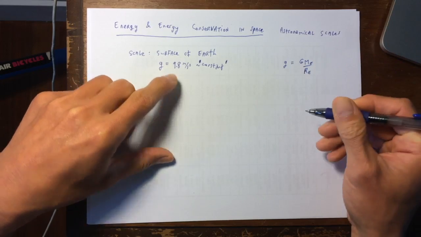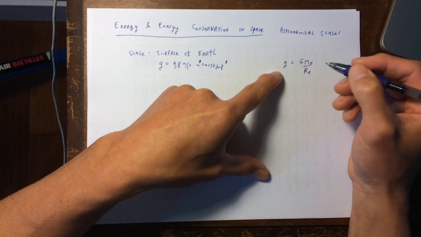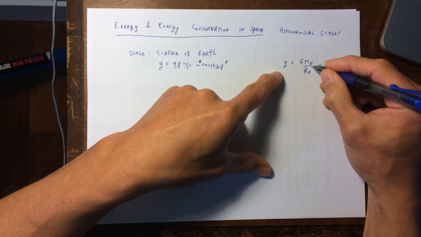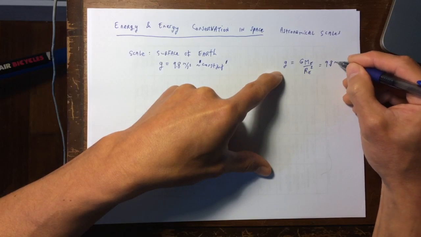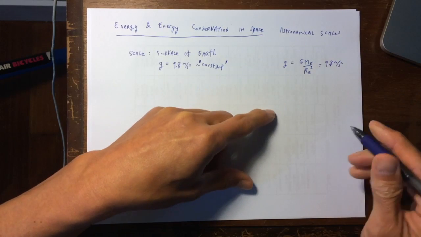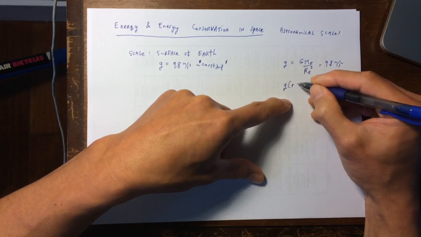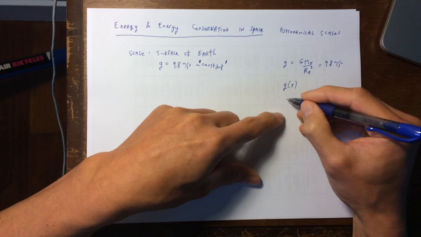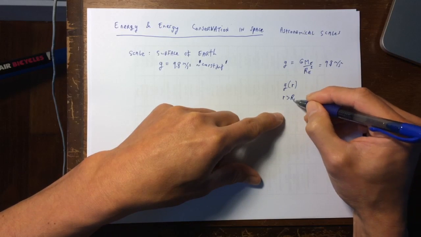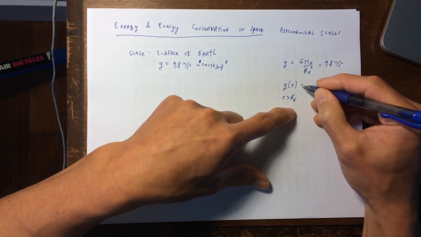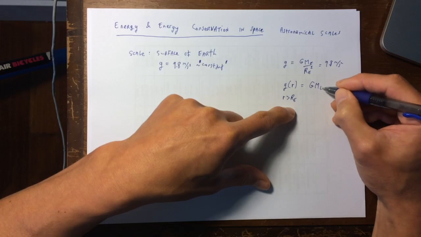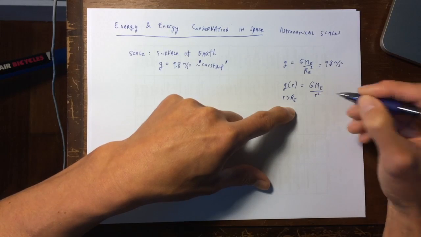This is the acceleration due to gravity at the surface of the Earth, that's 9.8 meters per second squared. But if you imagine the acceleration due to gravity at a radius r, where r is bigger than the radius of the Earth, what you're essentially calculating is this.